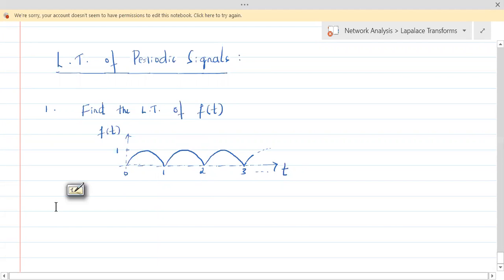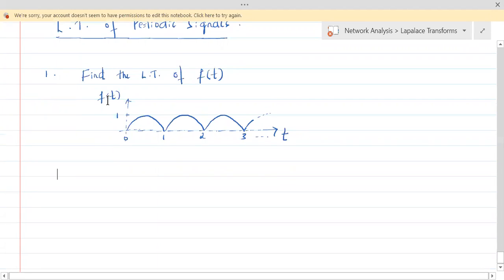Fine. Now if such a signal is given, what would you do is the question. What you would do is consider the part which is repeating.